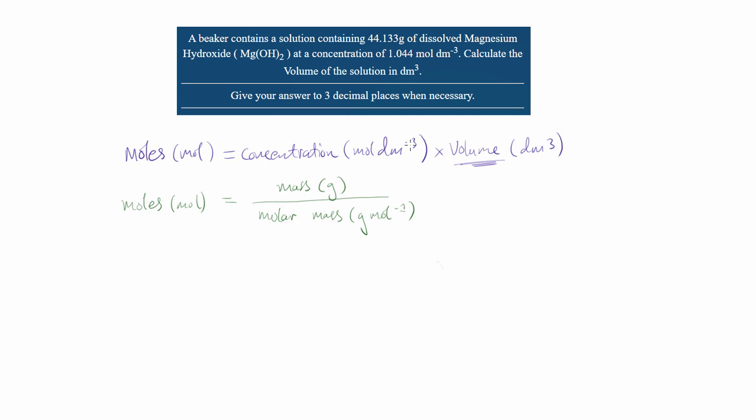The moles referred to in this equation is the same as the moles referred to in this equation. Therefore, we can equate this with this, and that's exactly what I'm going to do.